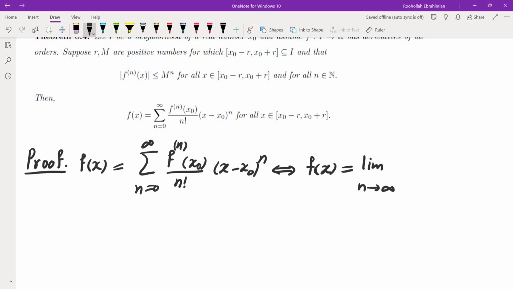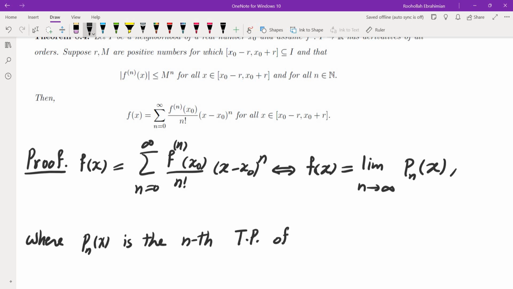This infinite series is the limit of the partial sums, and partial sums are exactly the Taylor polynomials, where Pn of x is the nth Taylor polynomial of f at x0.